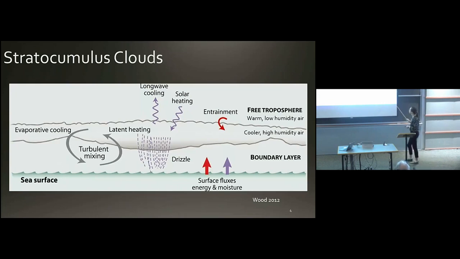At cloud top, there are a lot of processes going on. We have entrainment of this free tropospheric air into the cloud. This is warm and dry air, so it typically helps to evaporate the cloud. We have evaporative cooling at cloud top in association with that entrainment. We also have long-wave radiative cooling, and all of these processes, the evaporative cooling, the long-wave radiative cooling, the entrainment, the surface fluxes, are driving turbulent mixing within the cloud.